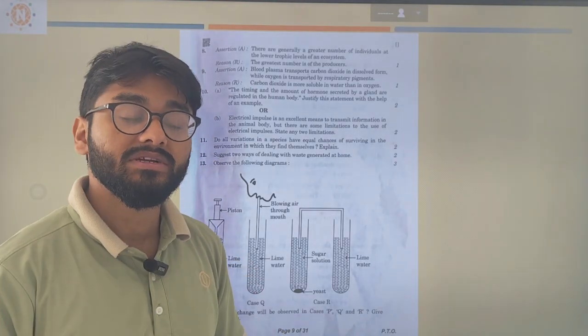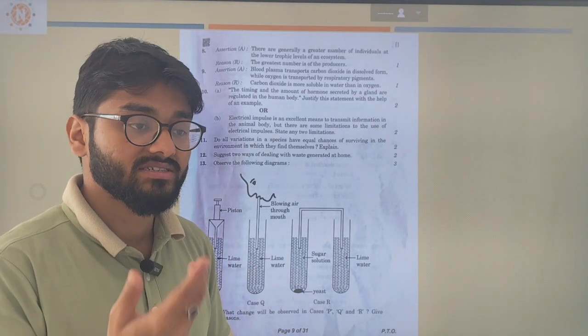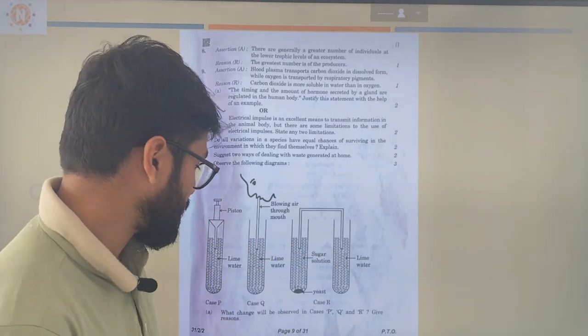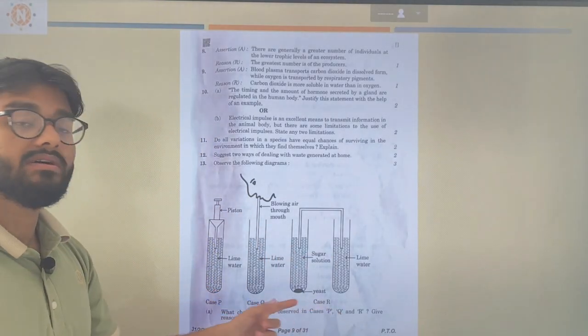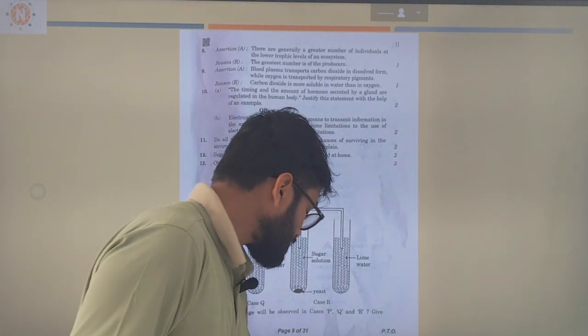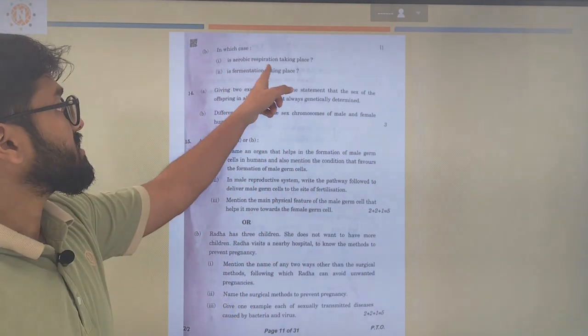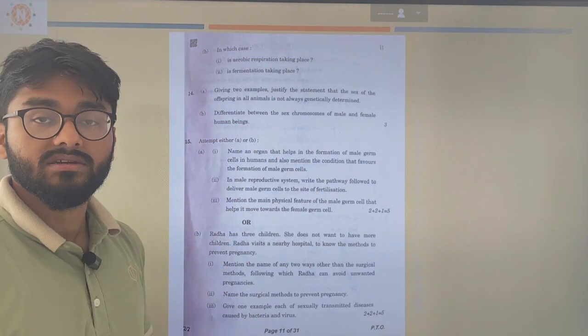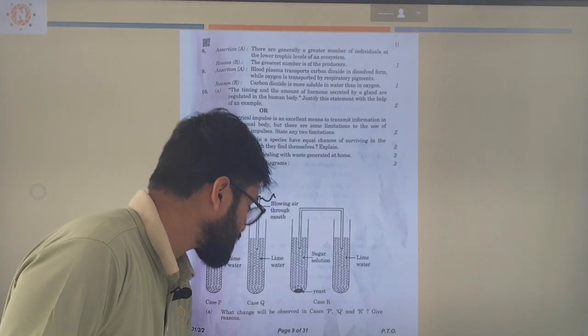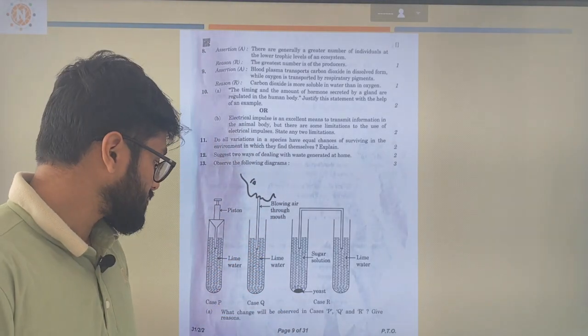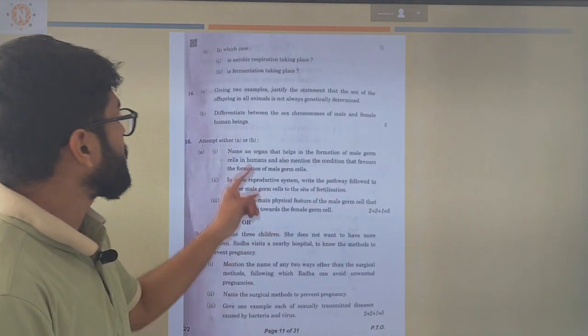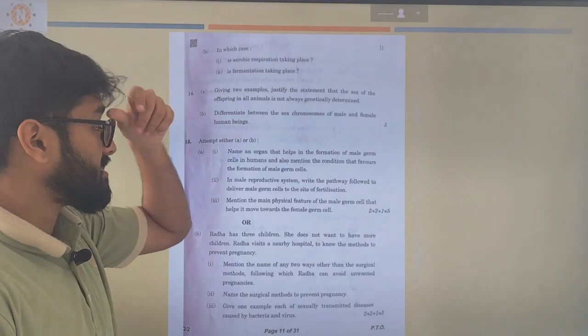Why does it turn turbid? Because it is much heavier as compared to normal water. So what changes will be observed? It will turn turbid. The second part: is aerobic respiration taking place? Yes, there is aerobic respiration in case Q. Second, is fermentation taking place?